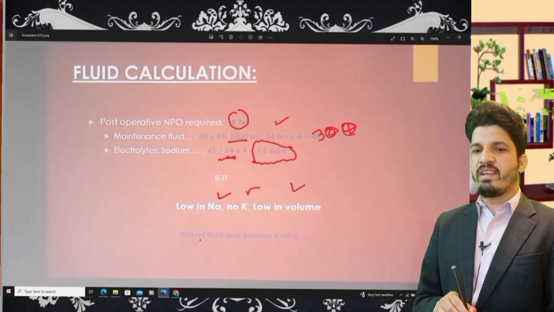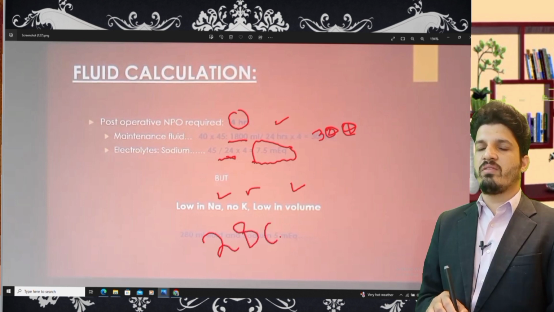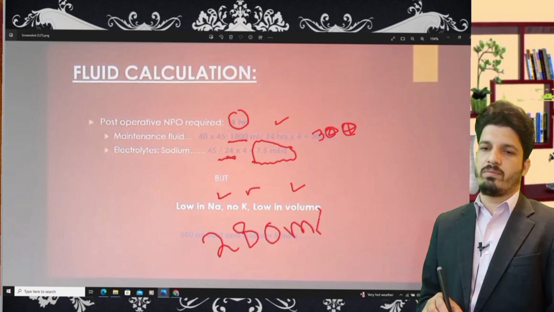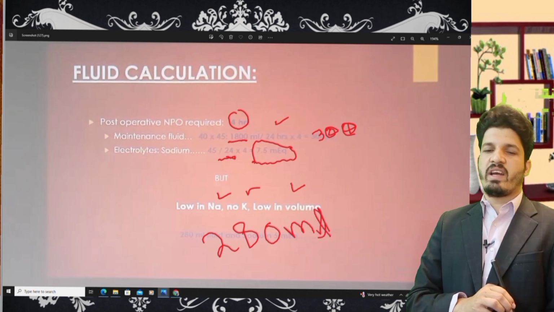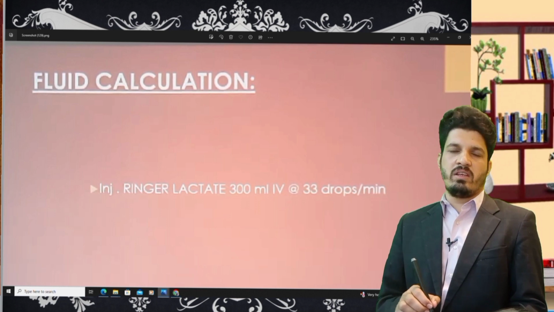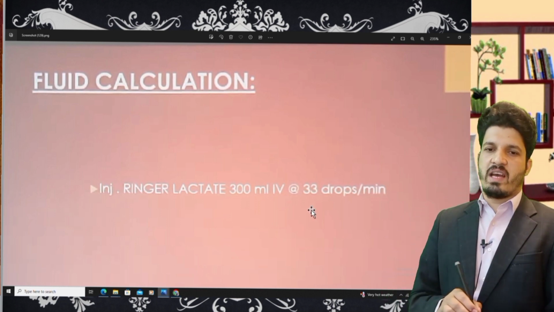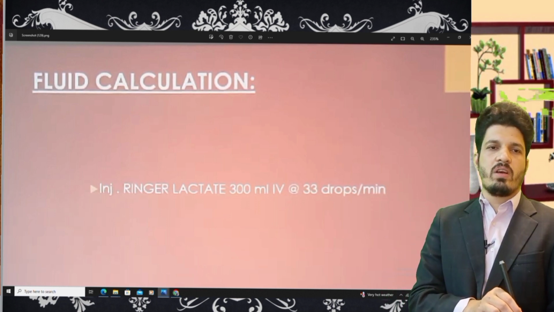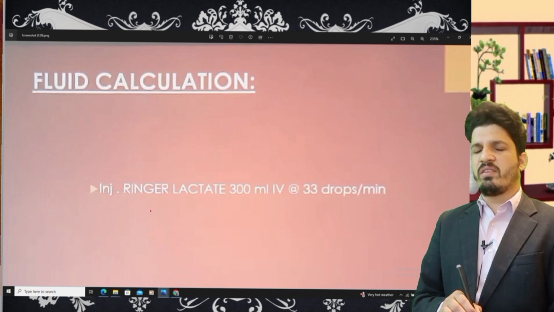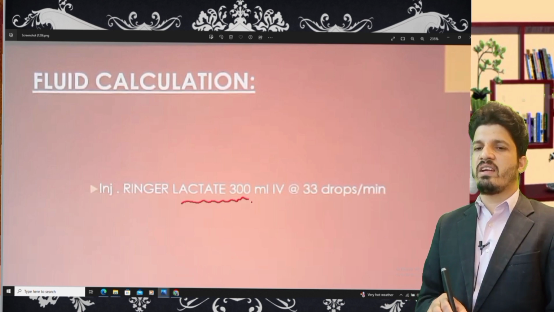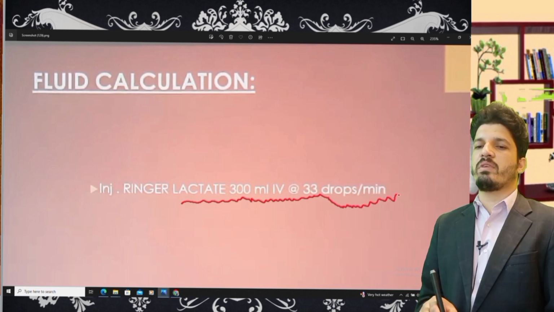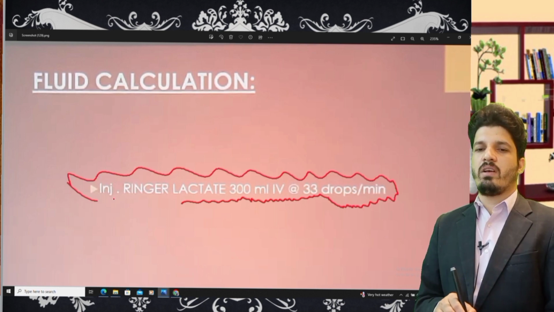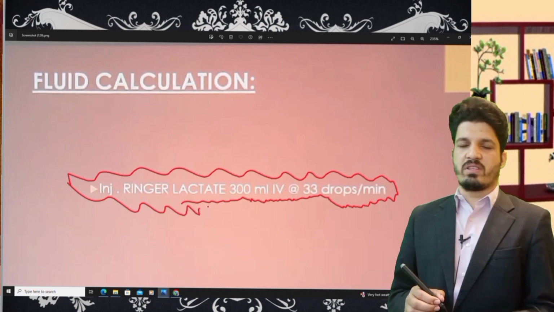So finally, after rounding off, we will give 280 ml in 4 hours, and we will write it down on the treatment chart of the patient as infusion Ringer lactate 300 ml IV at 33 drops per minute. So it will be appropriate for our patient.